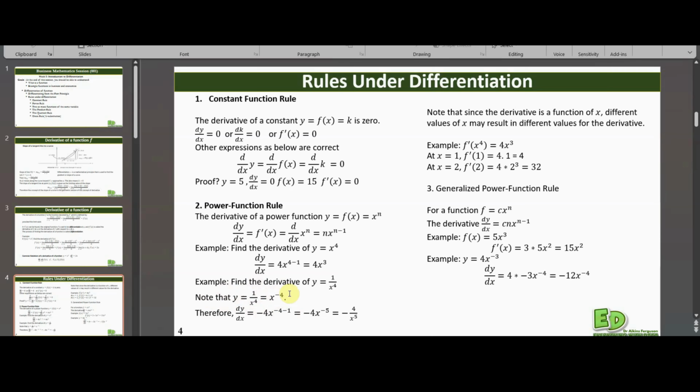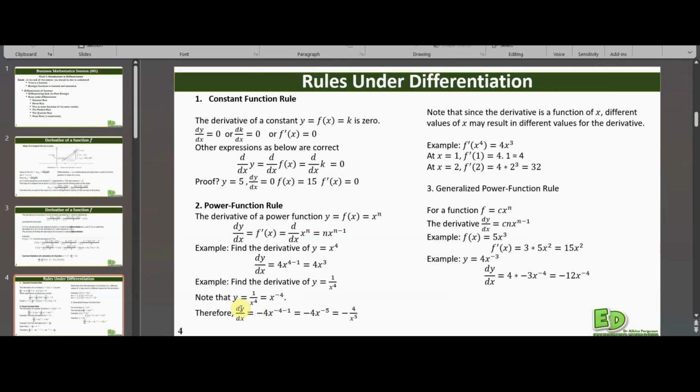Right? Indices, isn't it? This has a power of 4, which is a positive value. If you rewrite this function, x to the power 4 comes up here, then the power becomes a negative value. So it is x to the power of negative 4. Therefore, we can differentiate this function now, right? It becomes easier because it's raised to a power, and then we can use the power rule.